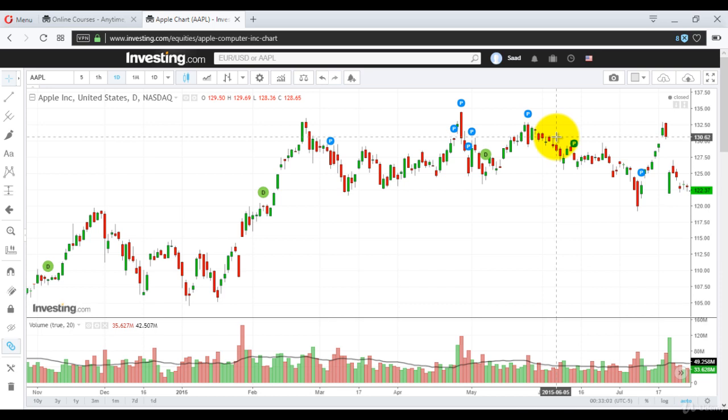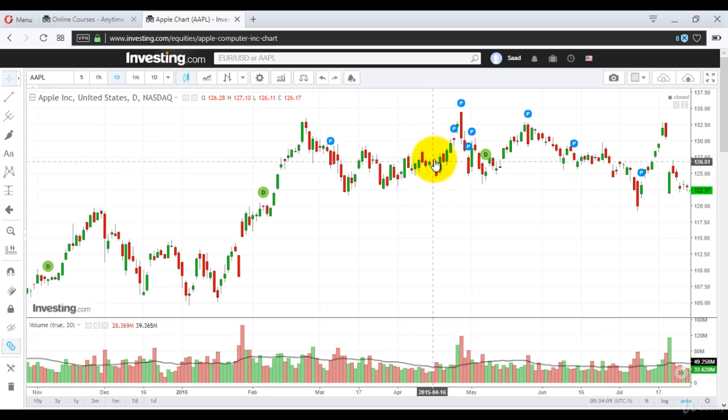And it is on the resistance, because if you look here, the previous high is 130.94 and the high of this candle is 130.58. So if it had risen a bit more, it could have crossed it right here. Again, it's exact. So to sum it up, first thing is the high point.